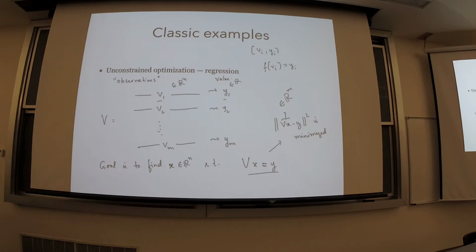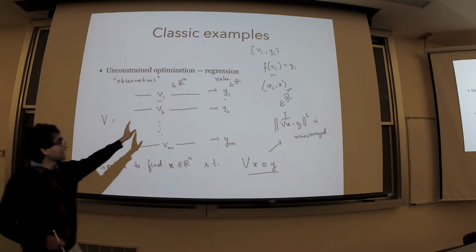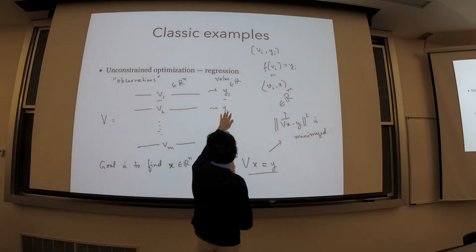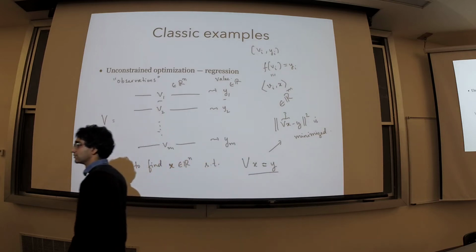But the goal in linear regression is to say, okay, what if this f is only supposed to be a linear function? So f of vi is supposed to just be the inner product of vi with x. And you try to find the best such x so that f of vi will be approximately equal to y. So here the arrow just means that corresponding to vi you have this value y.